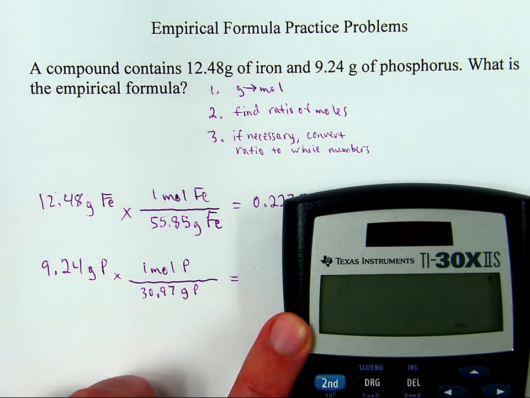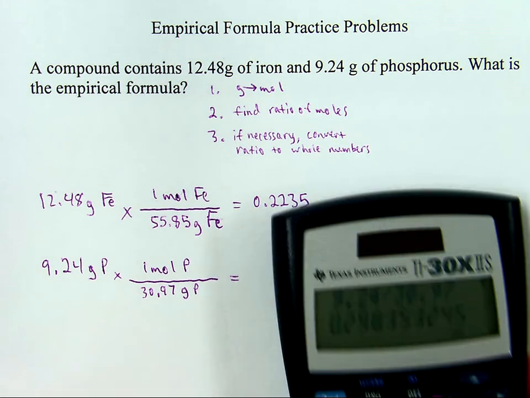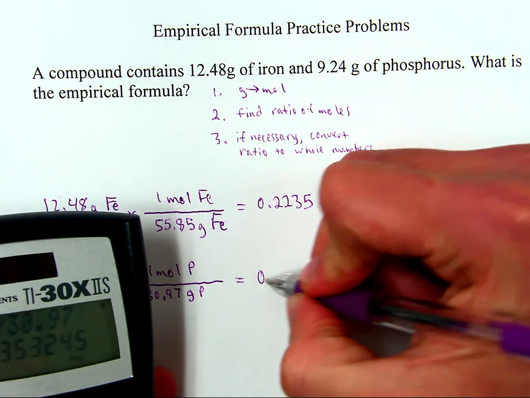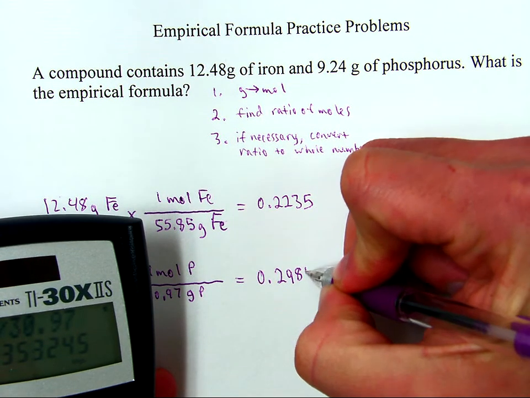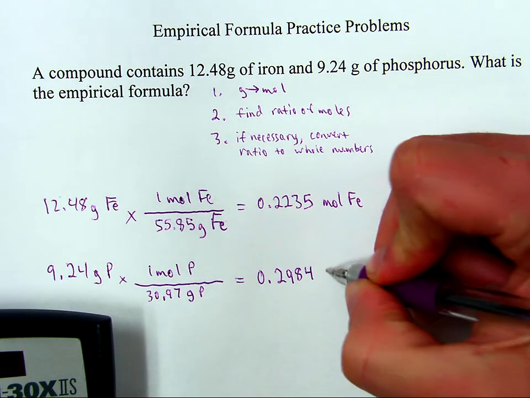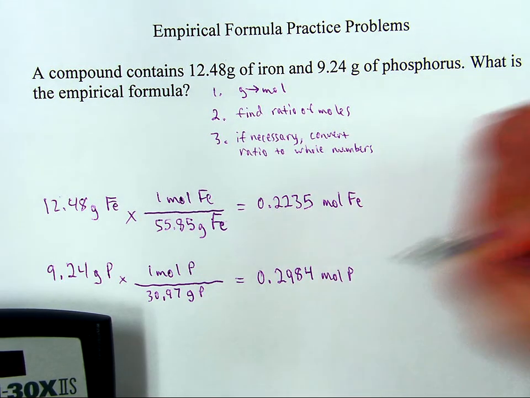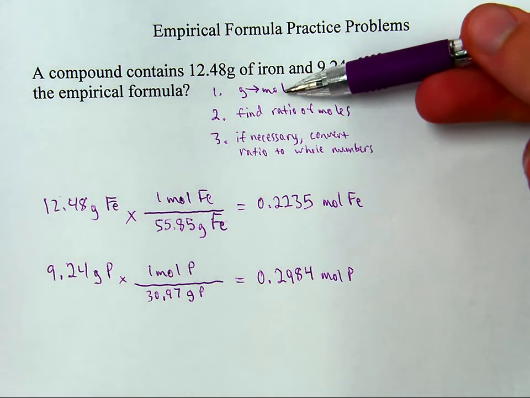Okay, here we go with the other one. Converting from grams of phosphorus to moles of phosphorus: 0.2984. And let's of course label these: moles of iron, moles of phosphorus. Okay, that was step 1.